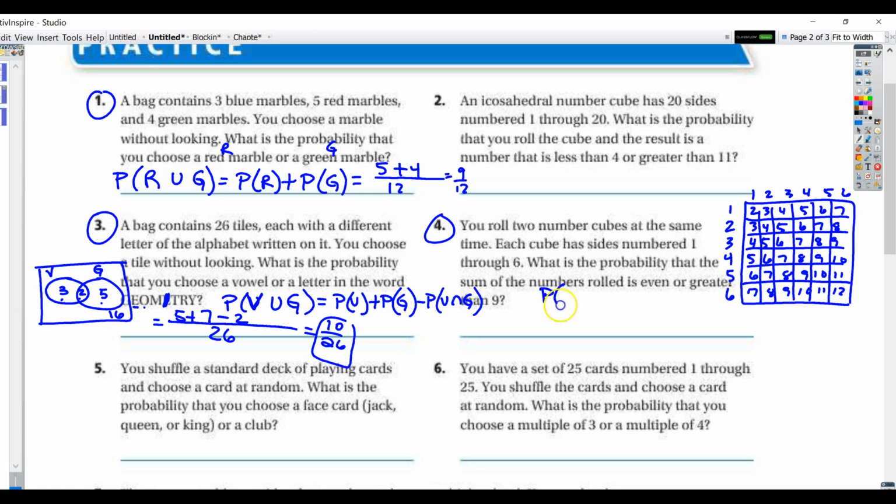Because I need the probability of even plus the probability that the sum is greater than 9 minus, and I'm running out of space here, I would subtract out what? The probability that a number is even and the sum is greater than 9. So I'm going to physically show you how I'm double counting some of these.